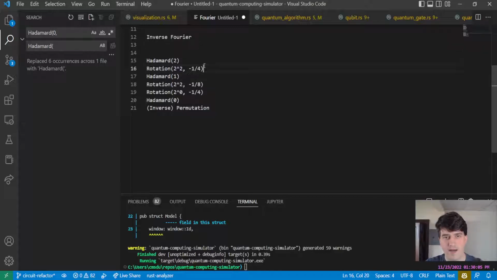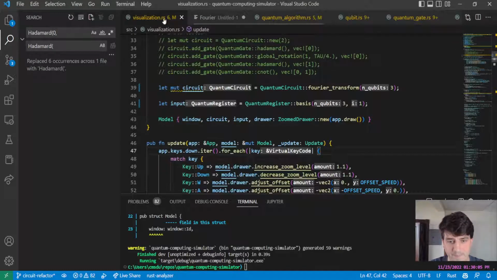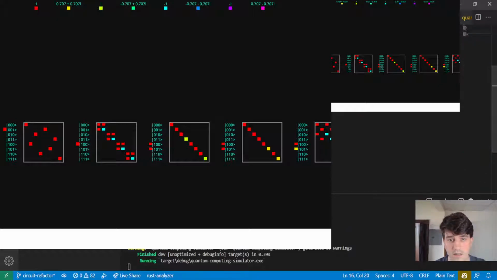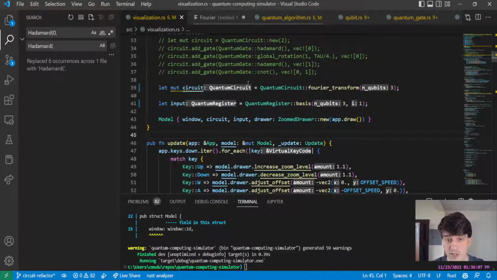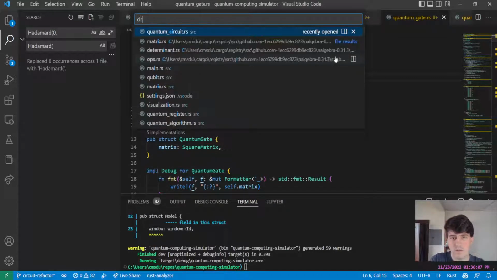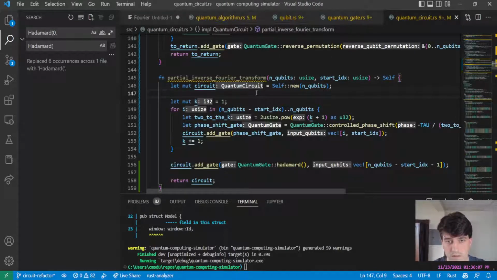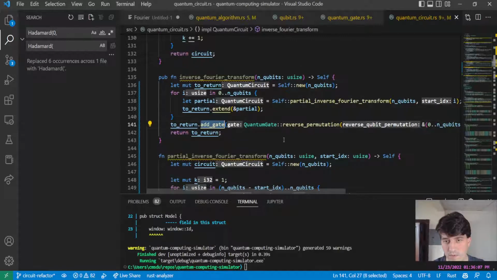Okay, so I was going to double check what my circuit looks like. So, oh right, why do I have a permutation up front when I should have a permutation at the end? Was my question. So circuit permutation.